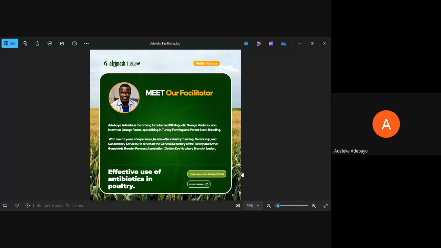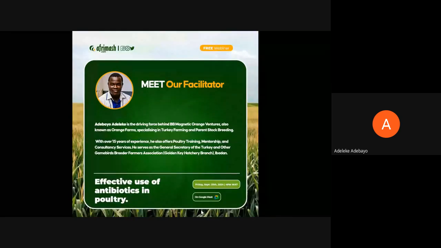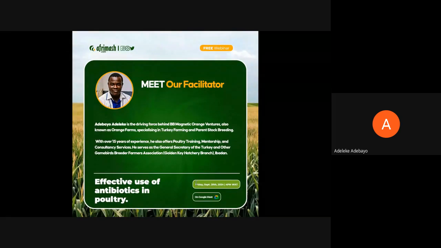Okay, I'll start by briefly defining antibiotics. Antibiotics are just the way they sound. They are synthetic or synthesized drugs that kill or slow the growth of bacteria. So they either kill the bacteria or they slow the growth. They have different modes of operation.